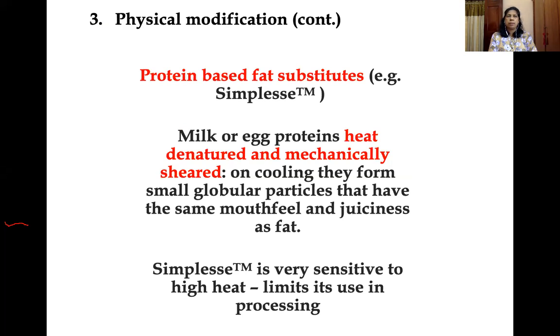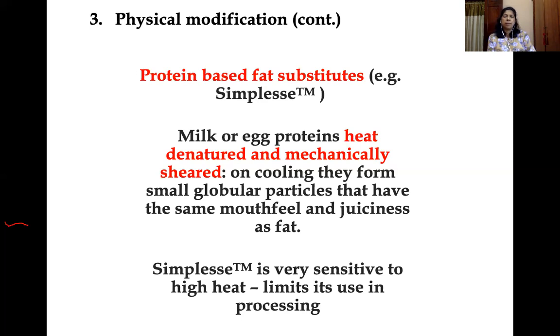Actually, when you prepare French toast, you add milk, egg, and sugar together and beat it. Then you add the bread, and when you fry it, it gives a very nice taste, texture, mouthfeel, and juiciness because of this.